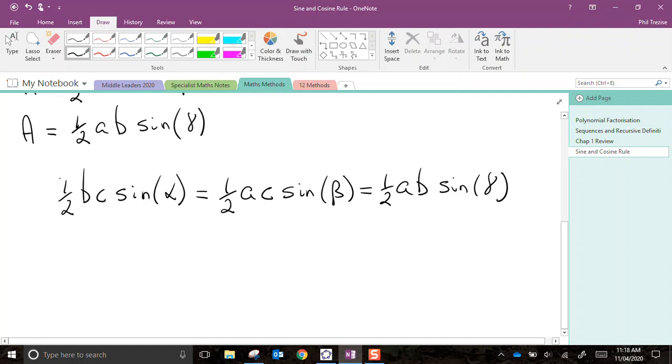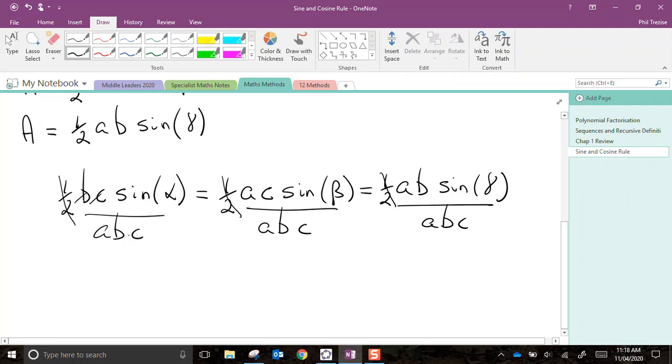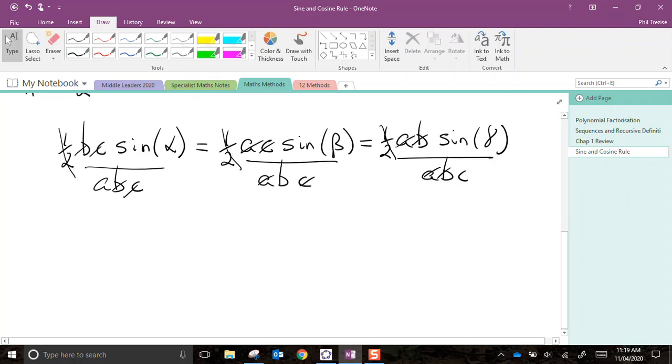Now immediately we'd notice that we could cancel the factor of 1/2. Now what if we divide everything by the term abc? So b and c cancel there, a and c cancel from the middle part, a and b cancel from the piece at the end. And this gives us the sine rule.